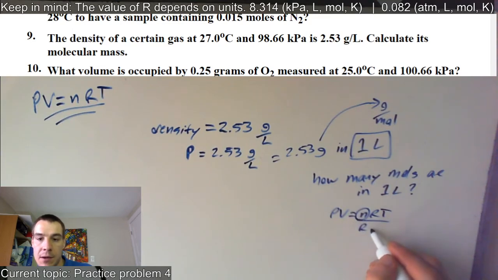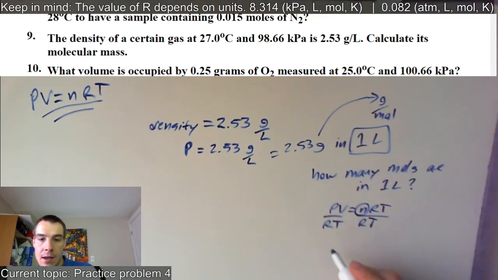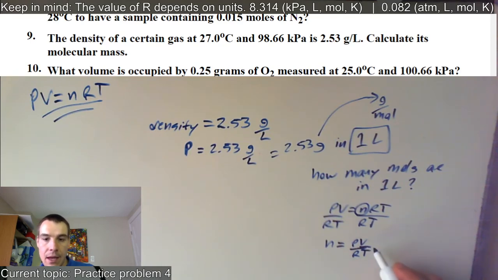We're going to divide by RT on both sides. So n is PV over RT. And we have pressure, volume, and temperature, assuming we say that we have exactly 1 liter. So we can solve it now.